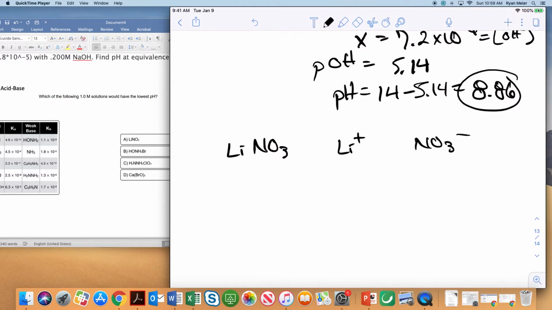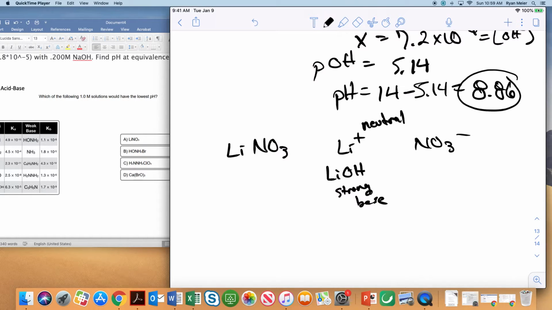For a metal cation, I'm basically adding hydroxide, so lithium hydroxide, a strong base, one of our group 1 hydroxides. That means my lithium ion itself is neutral because its conjugate is a strong base.